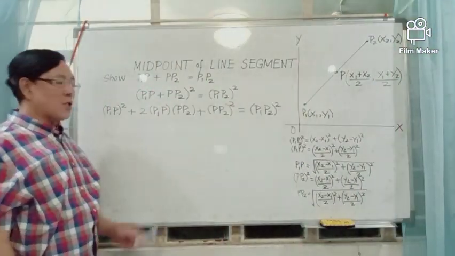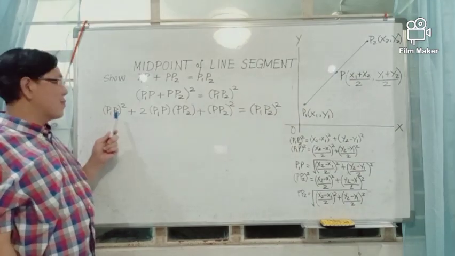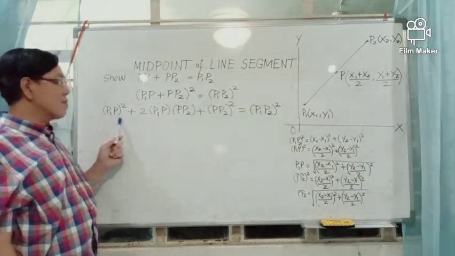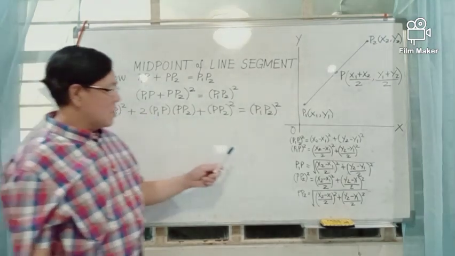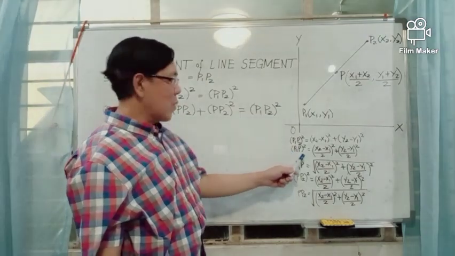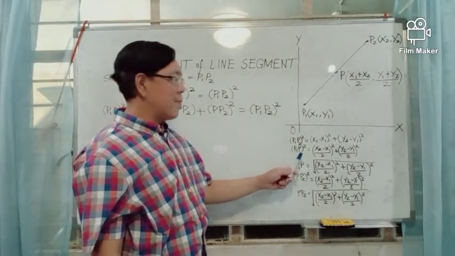We now substitute the values we obtained for the square of the distance between P1 and P, which is given by this.